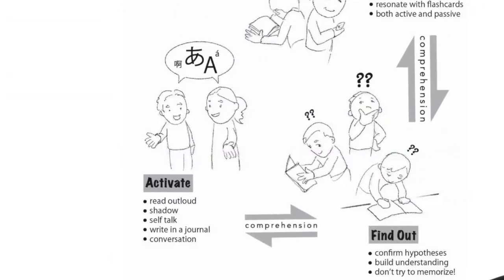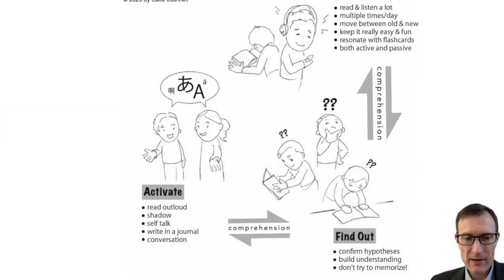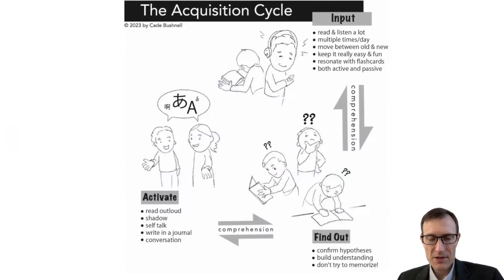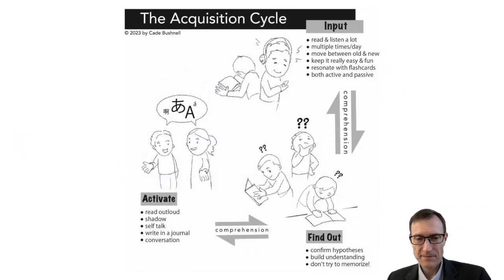And we'll talk about some of these in detail in the next installment of this series, of all of these: the input, the find out, and the activate parts of the acquisition cycle. But these things will help you to start speaking and improve your confidence and ability to do that. So again, we'll talk about that next time.